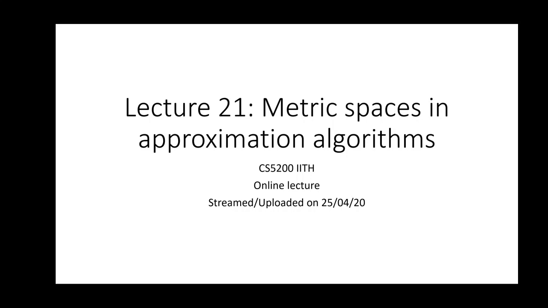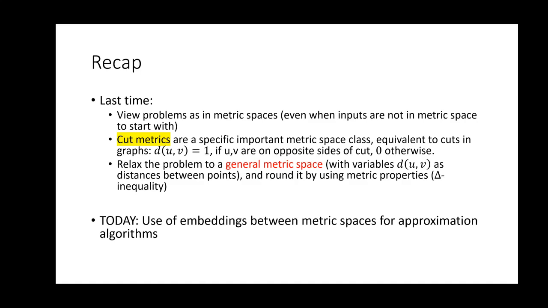Hi. So in today's lecture, what we're going to do is basically take the ideas of using metric spaces in approximation algorithms a little further. Last time, if you recall, many of the problems that arise naturally in approximation algorithms, especially the ones related to cuts and graphs, can be viewed as problems occurring in some metric space.